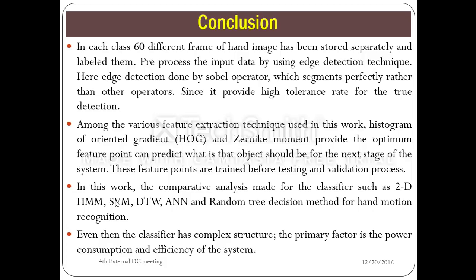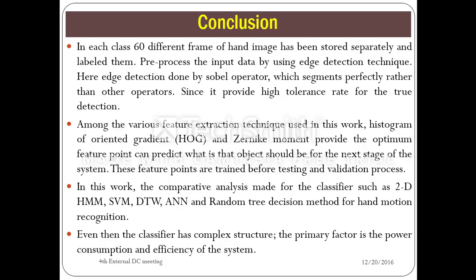It can predict what the object has to do from the source to the destination, and how it will detect from the images, and the hand motions from one part to another. The hand will detect the features using the classifiers: 2D HMM, SVM, DTW, and ANN random tree decisions.